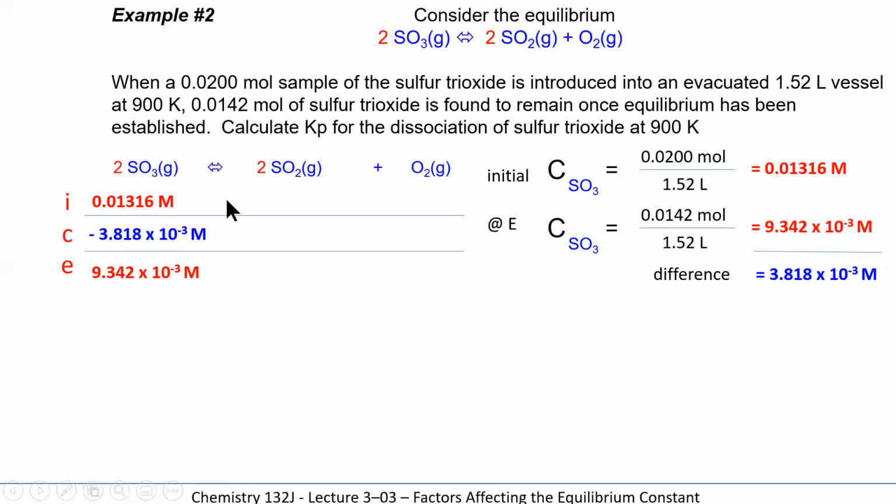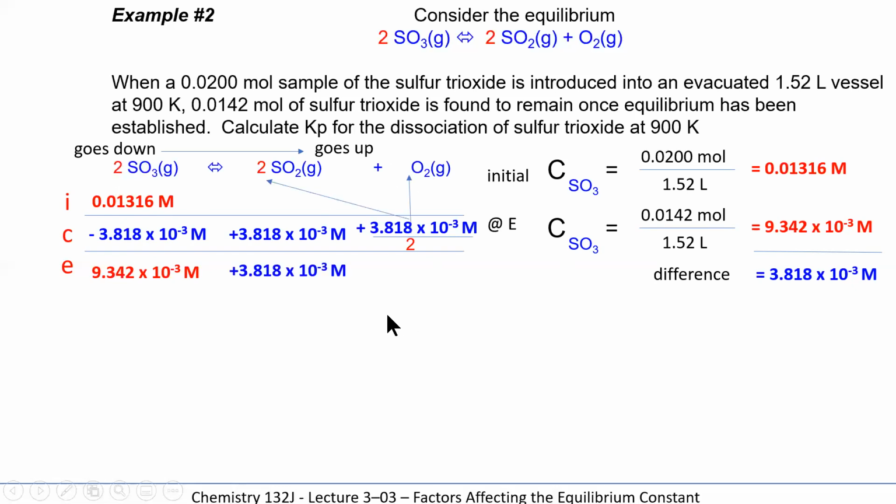It went down, and notice since 2 moles of SO3 produce 2 moles of SO2, SO2 is going to go up by the same amount that SO3 goes down. Oxygen will go up by half that amount because it's 2:1. So now at equilibrium, we can establish the quantity of SO2 and O2, and we can now figure out Kc.